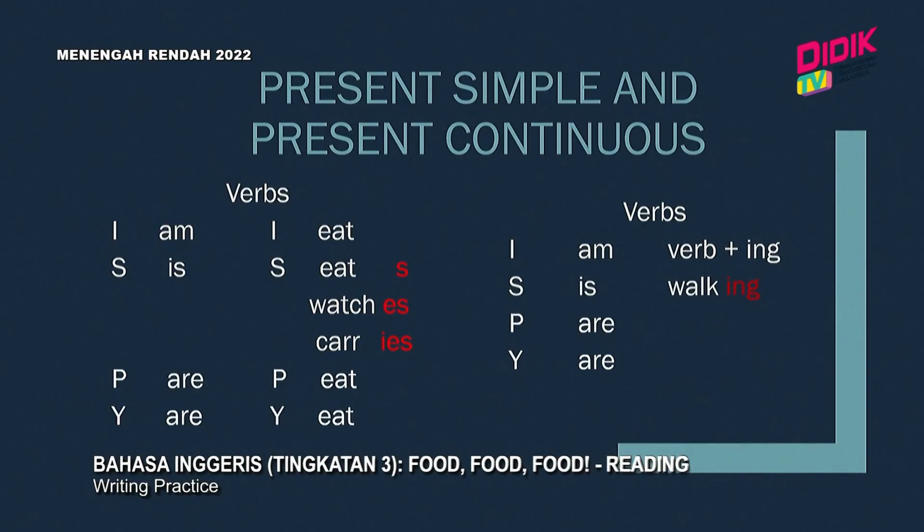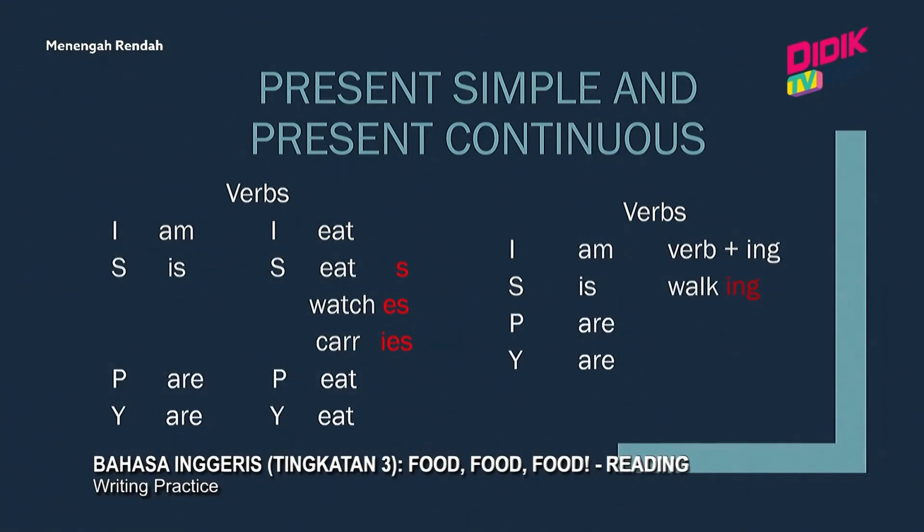So for the present simple, I goes with am, singular with is, plural with are, you with are. And if it's an action verb, for example, eat: I eat, and for singular, we can put a name, like my name, Hanin eats.